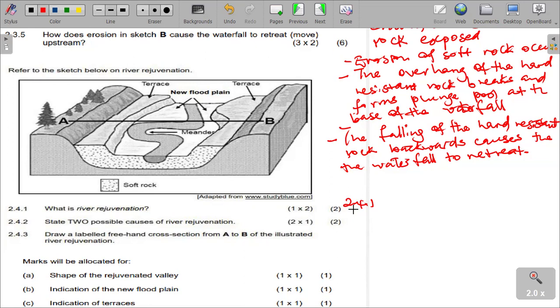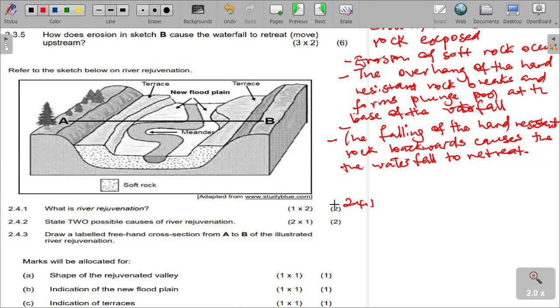So I want you to understand that river rejuvenation is a process whereby a river regains its energy and begins to erode vertically, or downwards, again, which would result in a river forming within a river, or incised rivers.